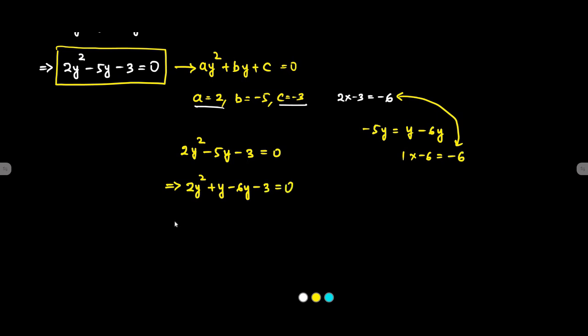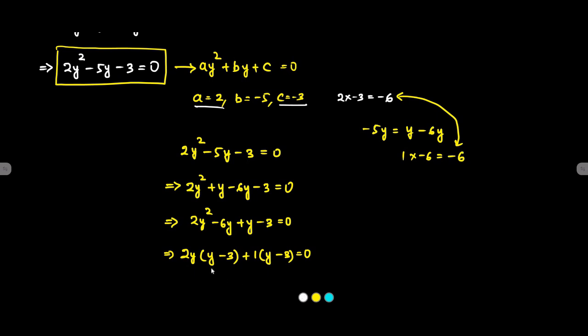That implies, here we'll bring this to the side, 2y square minus 6y plus y minus 3 is equal to 0. That implies 2y into (y minus 3) plus 1 into (y minus 3) is equal to 0.